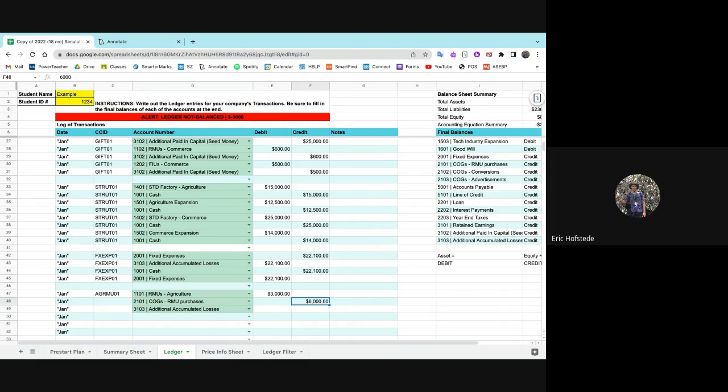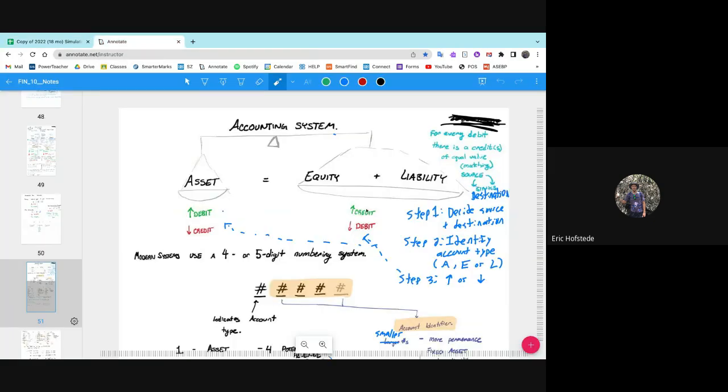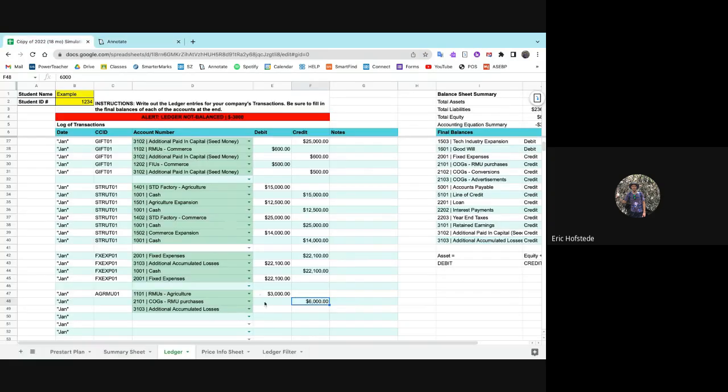That should mean that my net worth goes down, so I need to debit my equity account. And I can use a little bit of a trick here. This number that's not balanced by, $3,000, negative 3,000, is the amount that I'm going to put in as my losses.